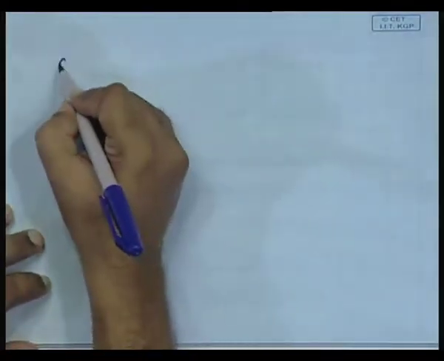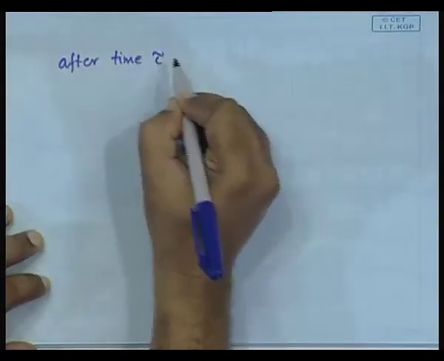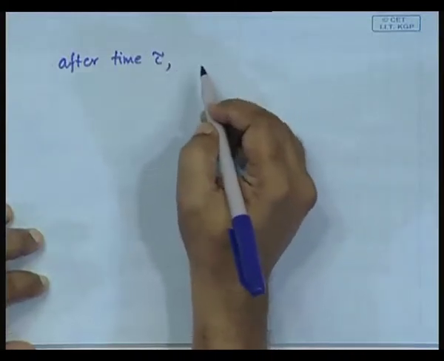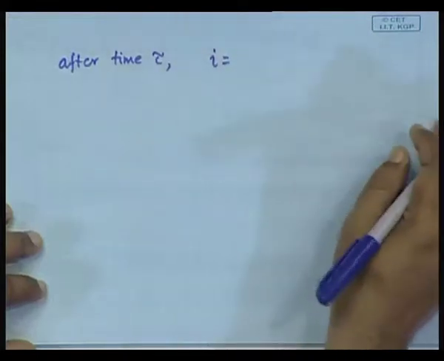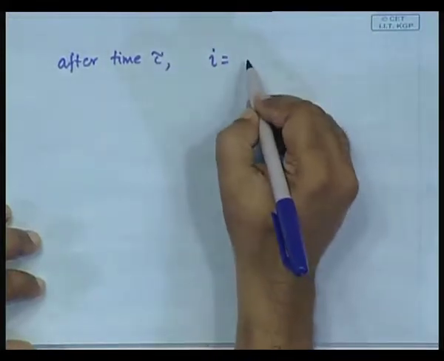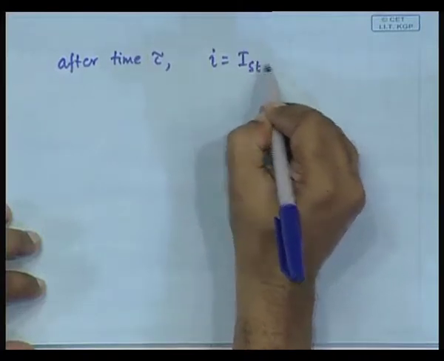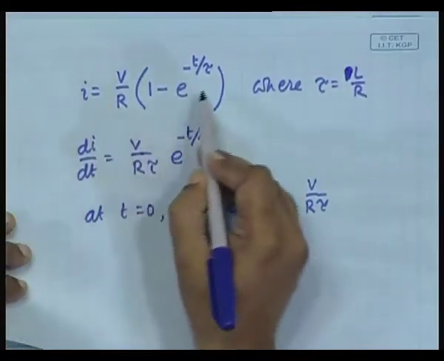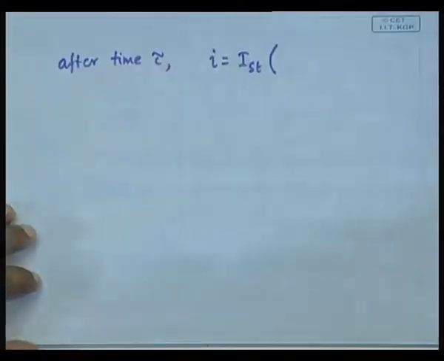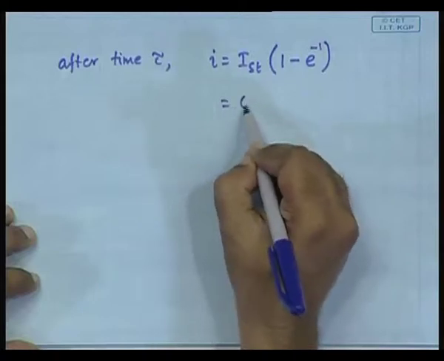So, after time tau, your I is, the steady state value is V by R. So, I steady state times, where is it here, times this becomes 1 minus e to the power minus 1, which comes to 0.63.